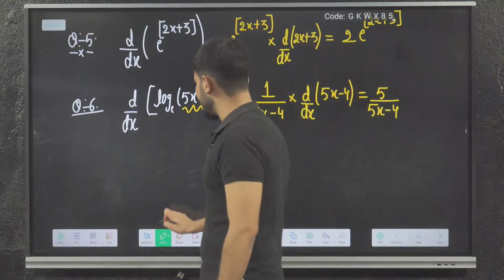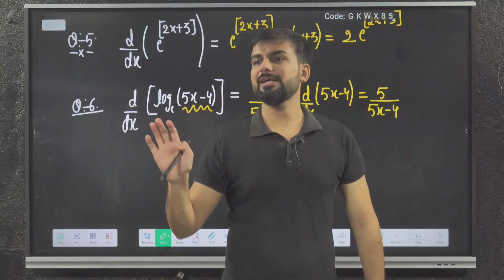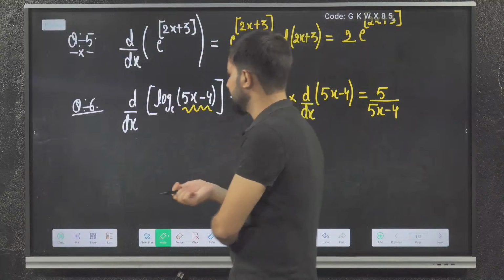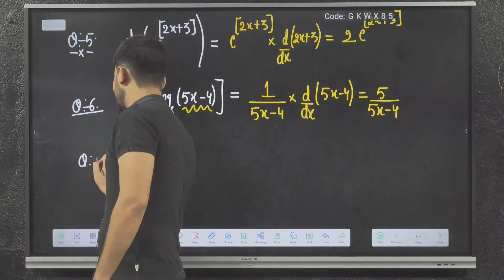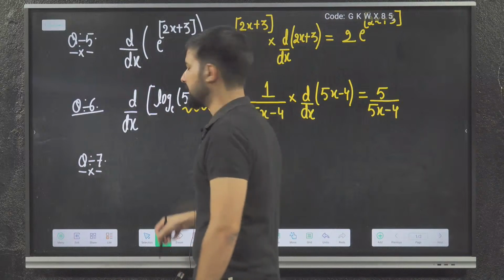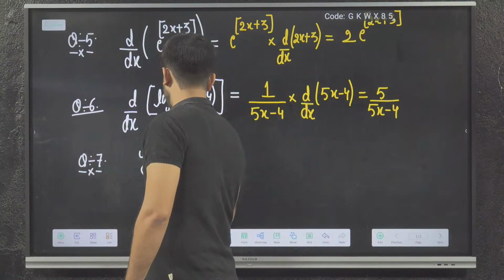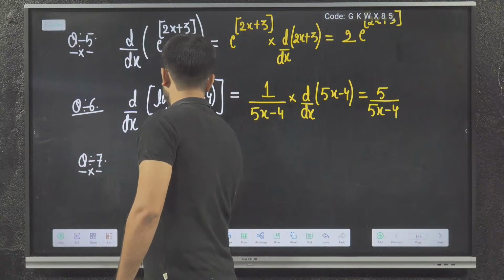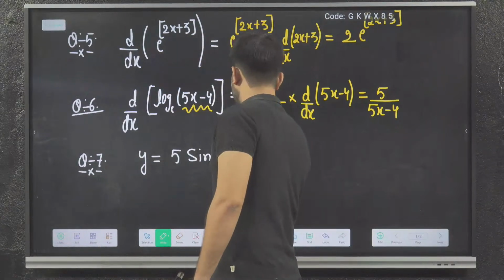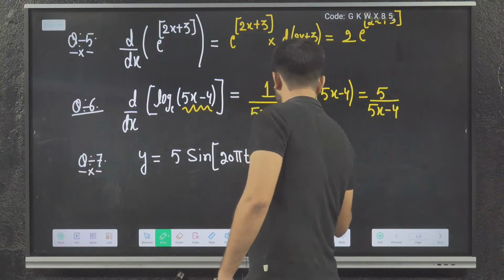Okay, shall I ask the practical question which will come in NEET, or that will come in real physics? How can the question come? The question will be like this: y is equal to 5 sine of (20 pi t plus 5).